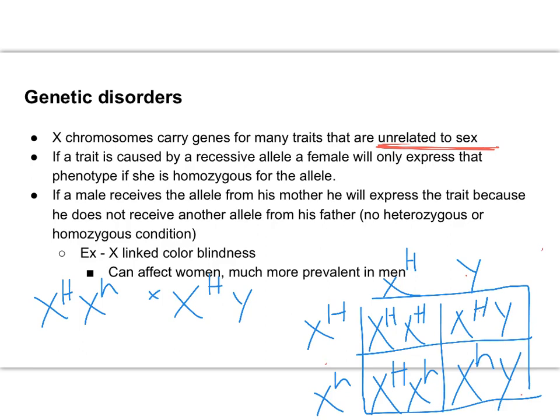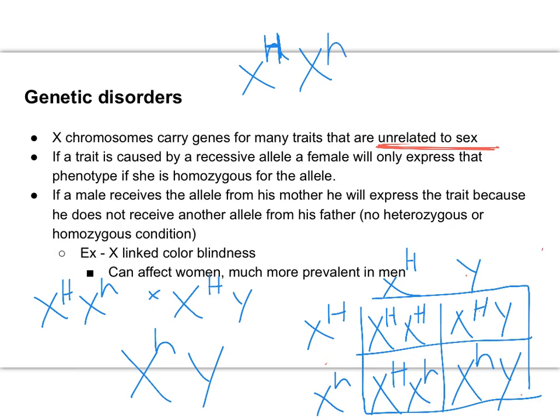And so based off of this, maybe you made the leap or you started to make the leap. Well, how could a female ever be colorblind? Well, for a female to be colorblind, her dad has to be colorblind. Her dad has to have that recessive trait. That's the only way that she can get it, right? Mom can be a carrier, mom doesn't have to be colorblind.